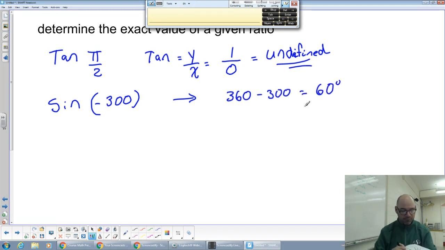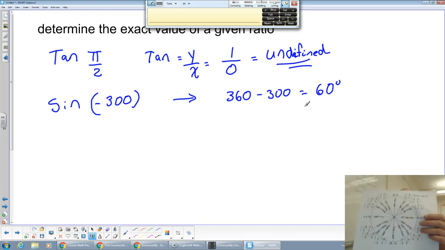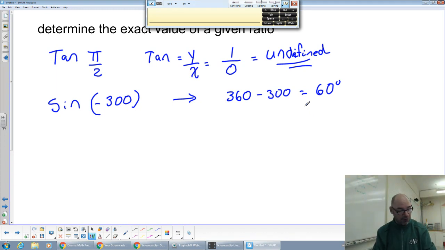If you look at the unit circle and you go starting on 0, all the way down clockwise, all the way at 300 degrees, you're going to get to the 60-degree spot. So this is the same as saying sine 60 degrees.